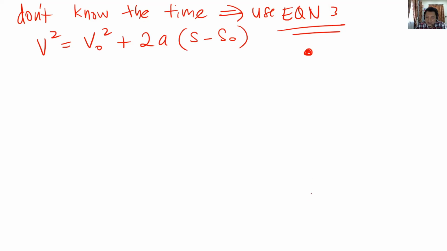Something very high. What is the speed originally? V naught is equal to, what is it? What is the speed originally? At above, you guessed it, right? It stopped. So original velocity is 0 meter per second.